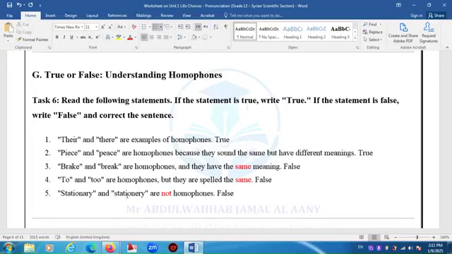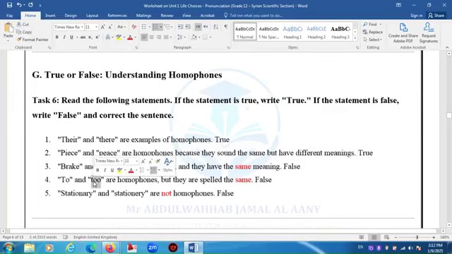Stationary with A means not moving. Stationery with E is a place or an office where you go and buy papers, pens, pencils, and office supplies. Too is an adverb. To is a preposition. Too means excessively.